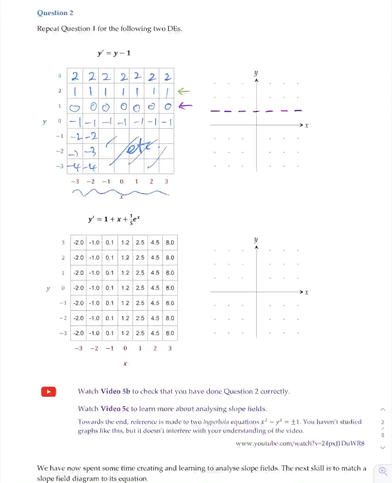Then our plus and minus 1, then plus and minus 2. I seem to be better at drawing positive gradients than negative ones.